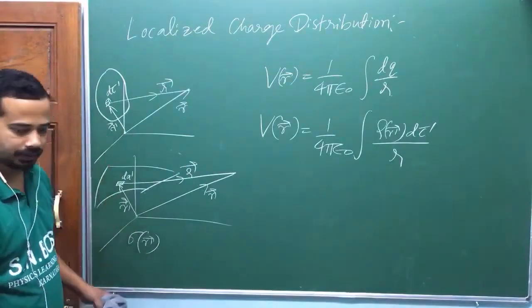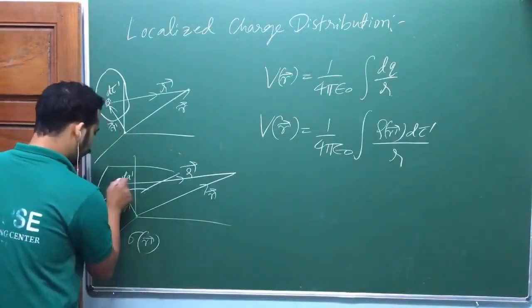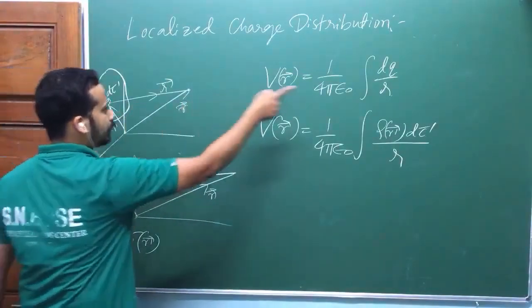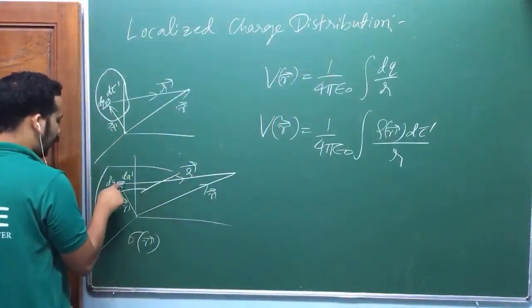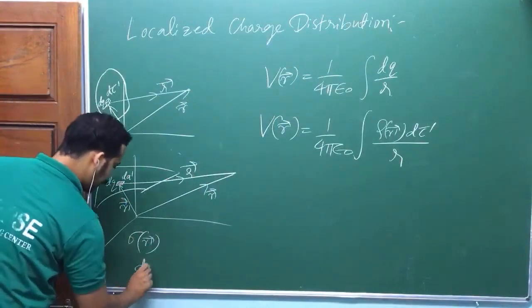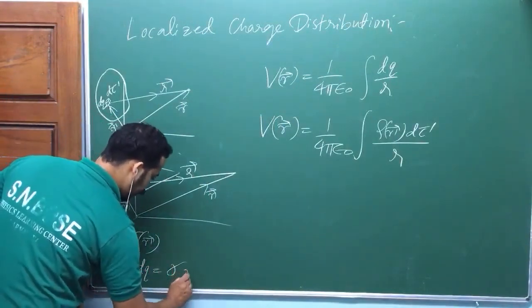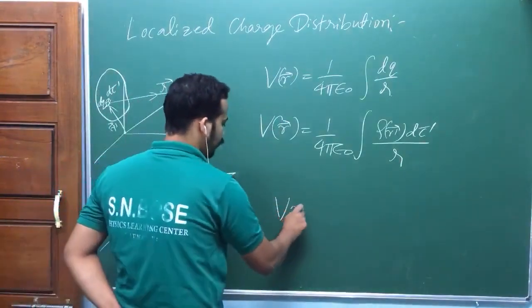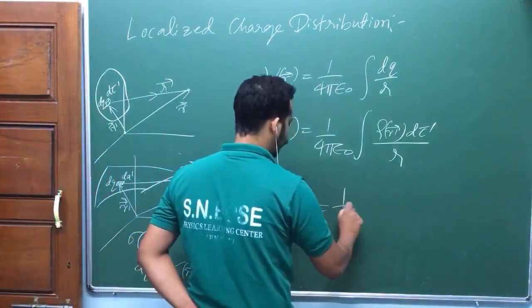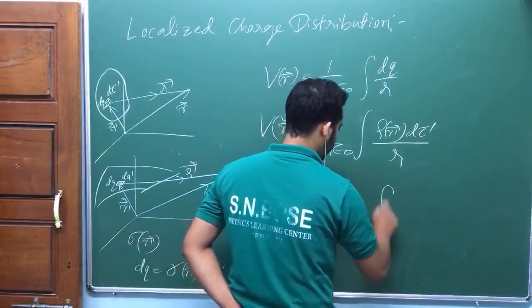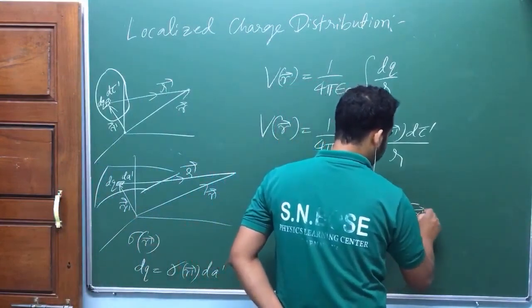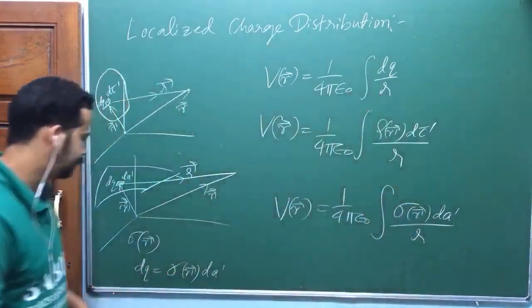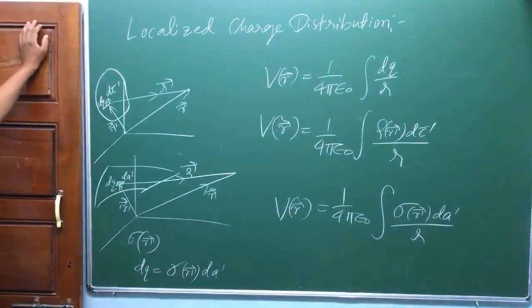The charge of this patch of area is dq equal to sigma of r prime into dA prime, and we can write the potential due to surface charge distribution as 1 by 4 pi epsilon naught, integral of sigma of r prime dA prime divided by italic r.